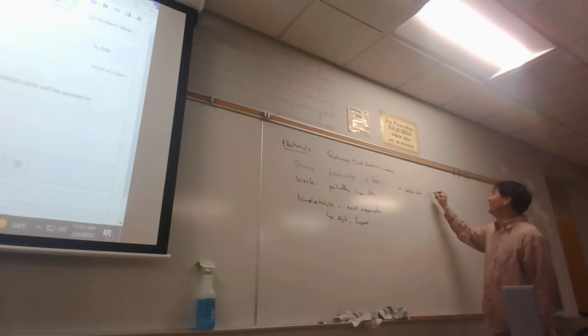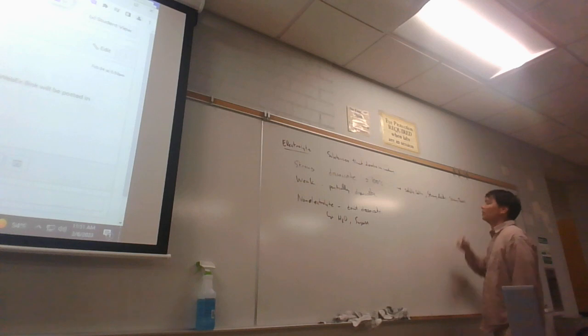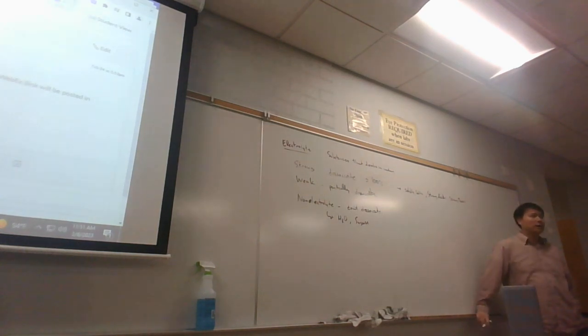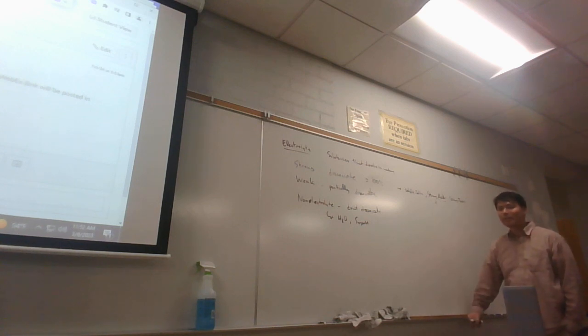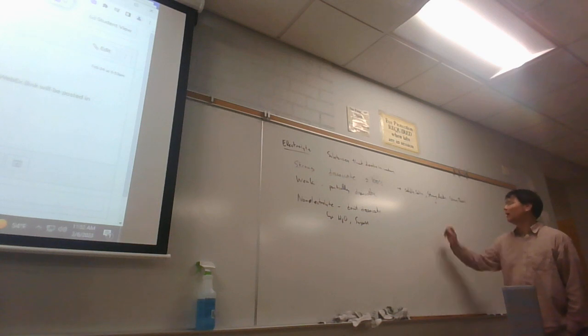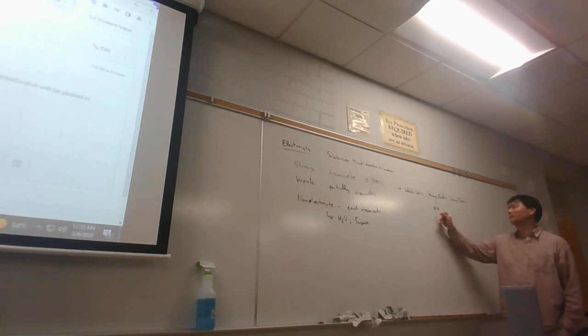Acids, but not all acids, strong acids. Strong acids will dissociate completely, and strong bases. Do you remember the 7 common strong acids? Name them or give me the formula. HCl, hydrochloric. Sulfuric, H2SO4.